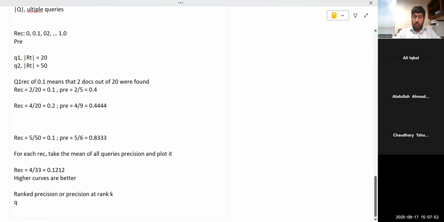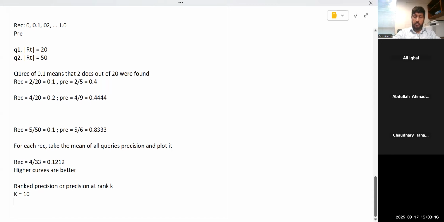For a given query q, let's say k is equal to 10. Usually on web pages, the usual criterion is the top 10, the first page of your web results. So if k is 10, we see how many of the documents in the top 10 are relevant. So that would be your precision at k. The precision of a particular query given k, in this case 10, is the number of relevant docs in top 10 divided by 10.